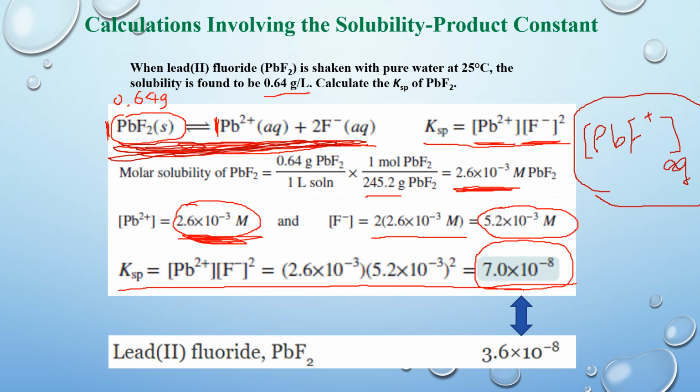So that's why we have a higher KSP value compared to the tabulated value. In general chemistry, when we're dealing with solubility constant questions, we won't consider this other complex species. We'll only consider the metal cation and the non-metal anion.